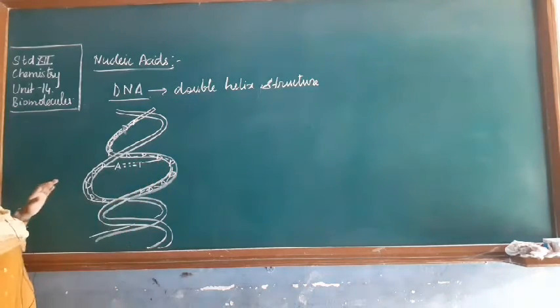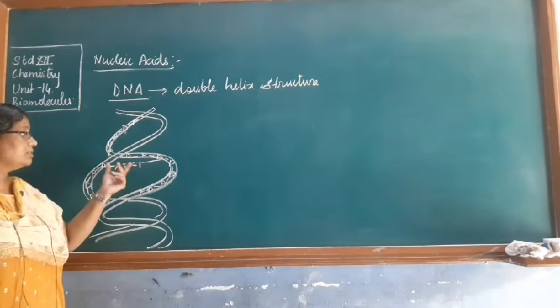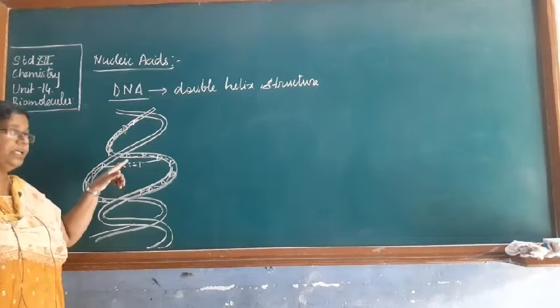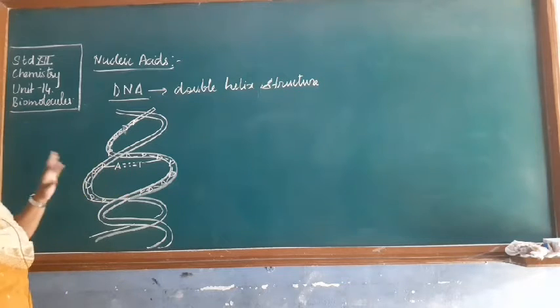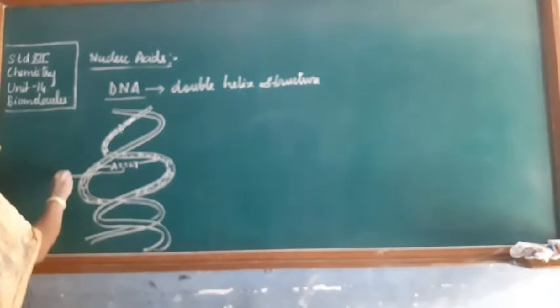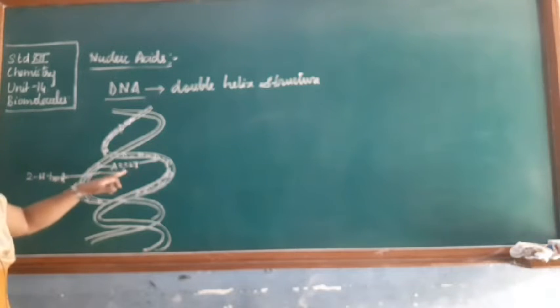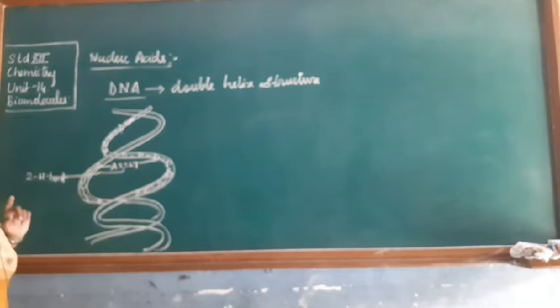Always remember, the base A will be joined only to thymine, and these 2 bases are joined together by a dotted line which indicates how many hydrogen bonds? There are 2 H bonds. Okay, these 2 H bonds are joining the A and T bases which are present on the opposite strands.